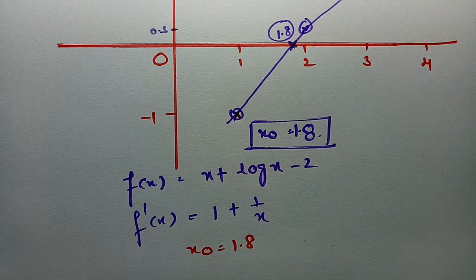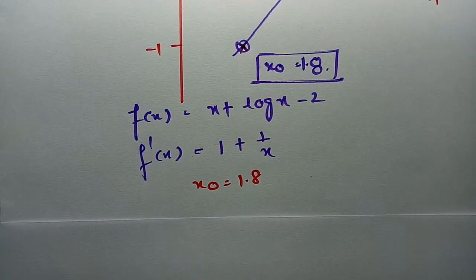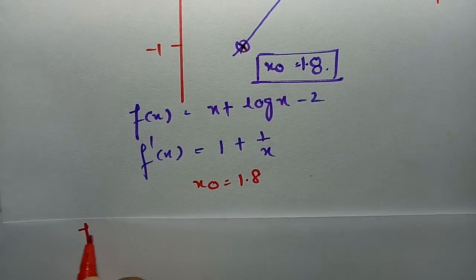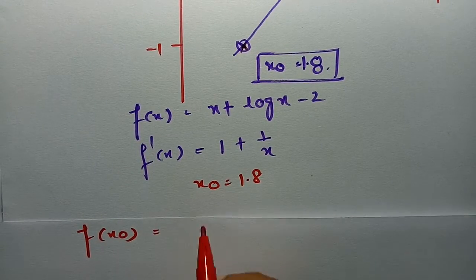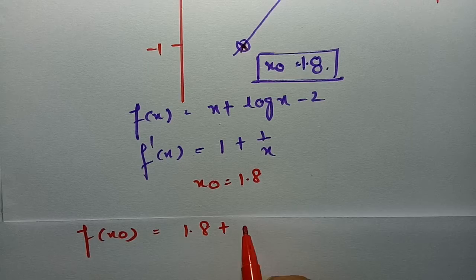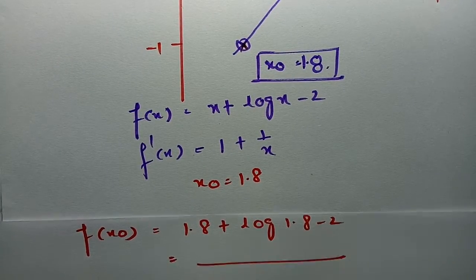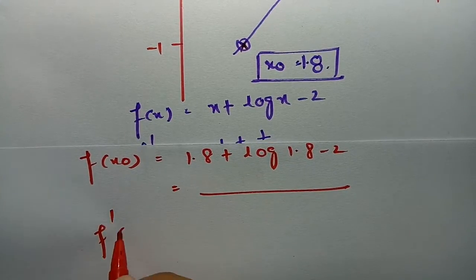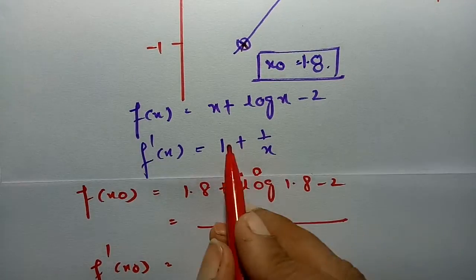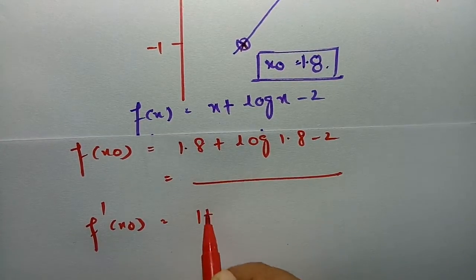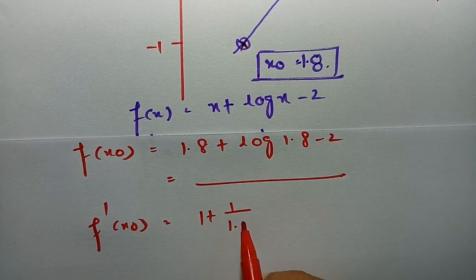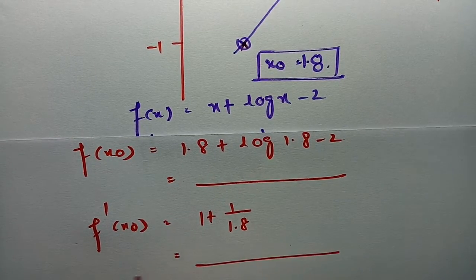So if I keep the value here, then each and every value will become, f at x naught will become 1.8 plus log 1.8 minus 2. And the next one is f dash of x naught. So f dash of x naught is nothing but 1 plus 1 by x, that is 1 plus 1 by 1.8.